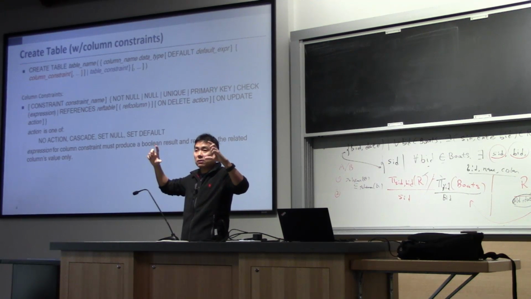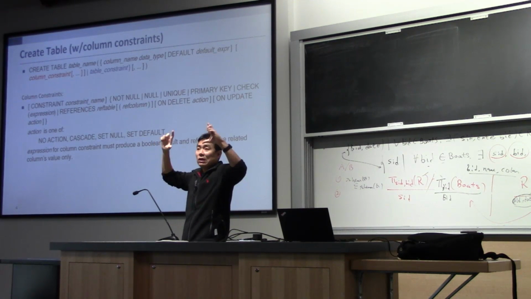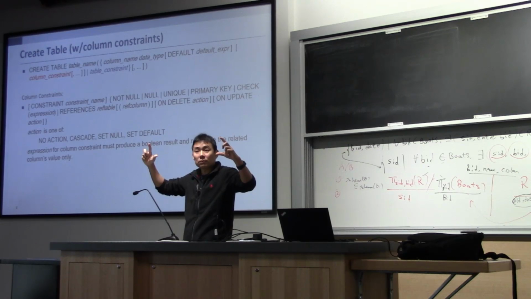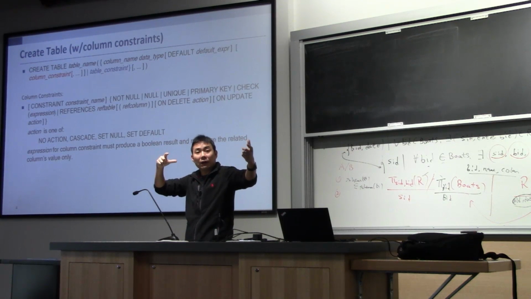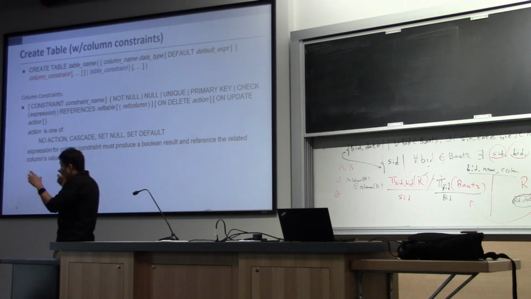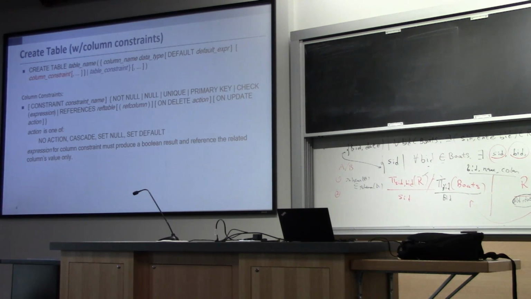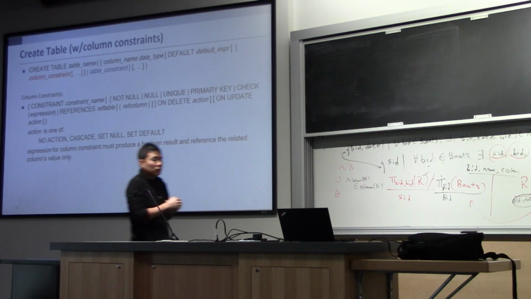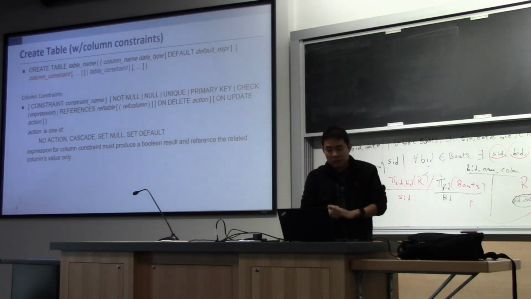In regular expression convention, square brackets mean that's optional. You may or may not supply a default value. And you may or may not supply what we call a column constraint. At the end, you may or may not supply a table constraint. So that's the convention of this.